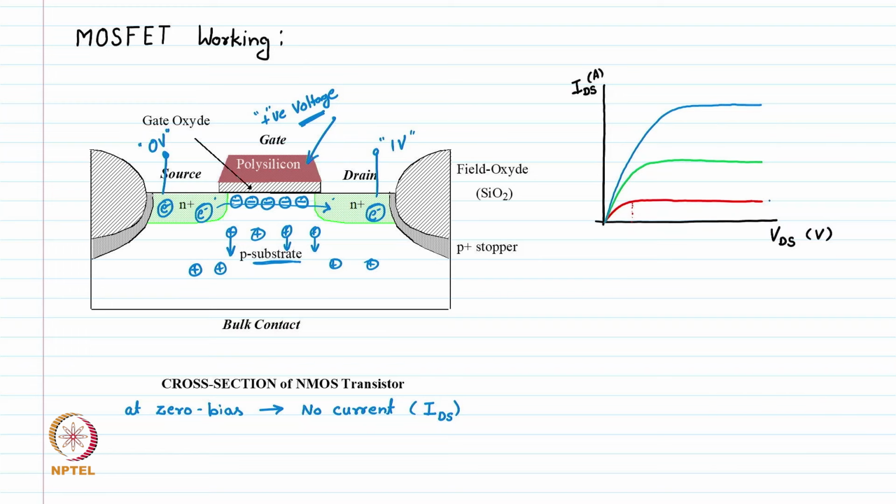So there are, for example, VG1, VG2 and VG3. So for example, VGS equal to 1 volt, VGS equal to 2 volt, and this characteristic is VGS equal to 3 volt. So as we keep on increasing the gate voltage, the amount of current increases. This is the typical ID versus VDS characteristic of this MOSFET.